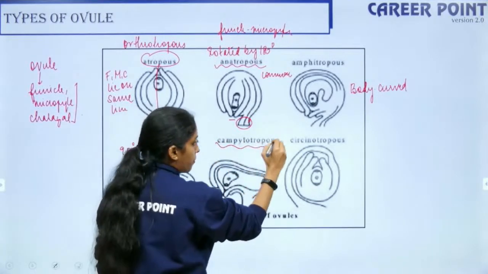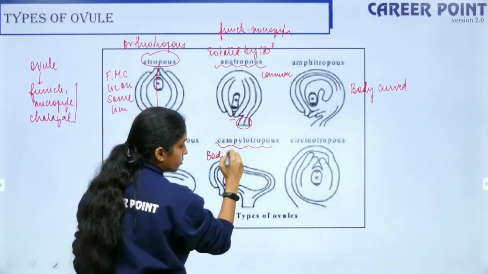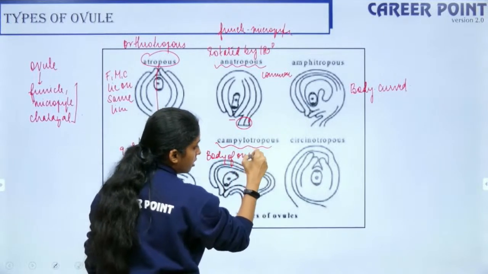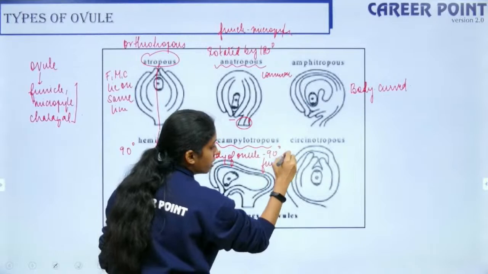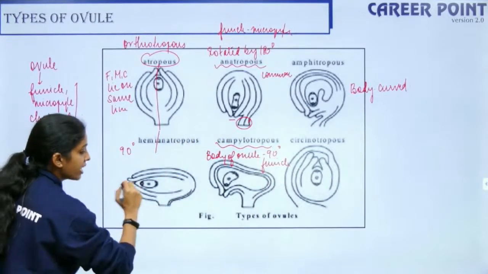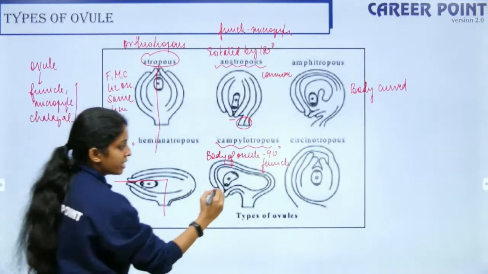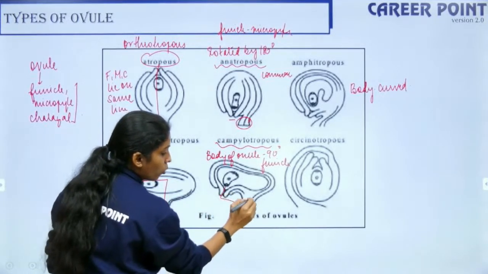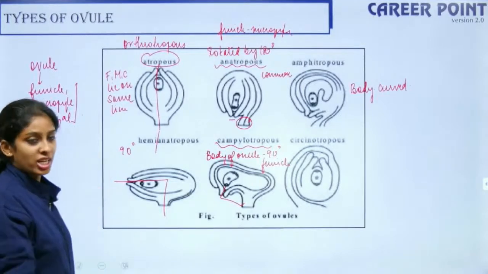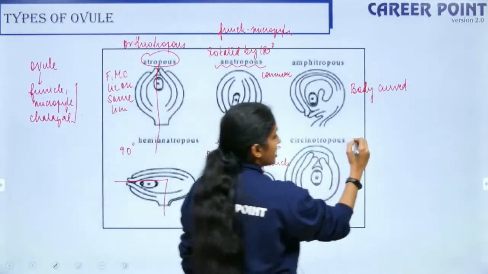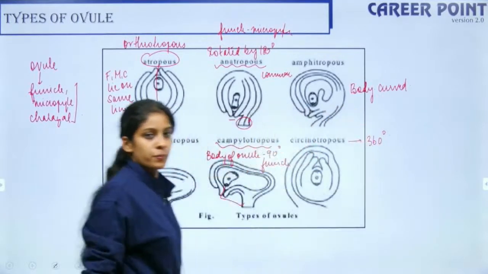So campylotropous is when the body of the ovule is at 90 degrees only to the funicle. So here the entire thing is at 90 degrees, but here it is at 90 degrees only to the funicle, not with the micropyle or the chalazal end. So circinotropous is when it is rotated by 360 degrees.